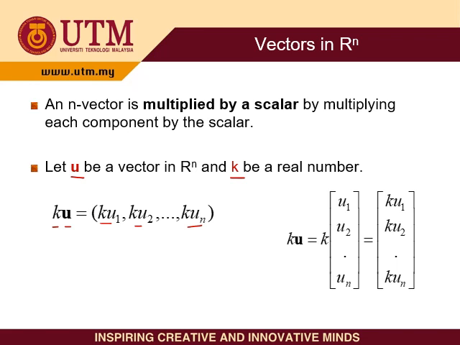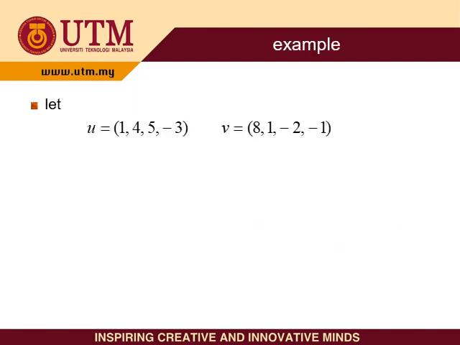Same with the column here. If you have a column like this, whereby k is the real number and u is the vector, so k here will be multiplied by every component of u. So it becomes ku1, ku2 until kun.